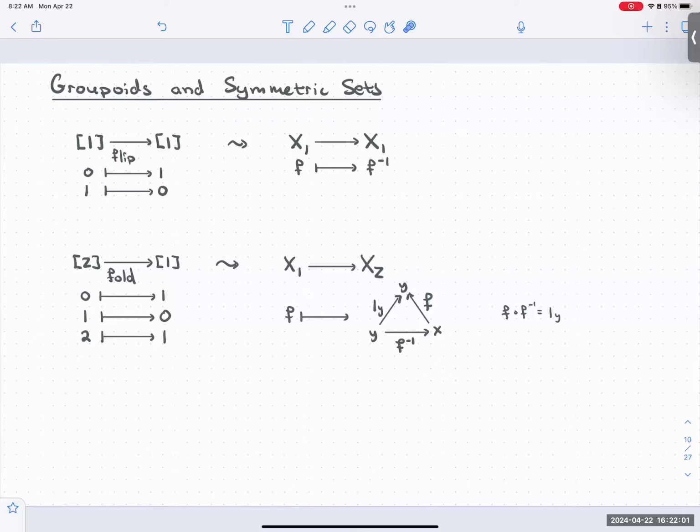I should probably justify a little bit about why I'm writing f inverse there. And the explanation is that if you multiply f and f inverse, you get the identity back.